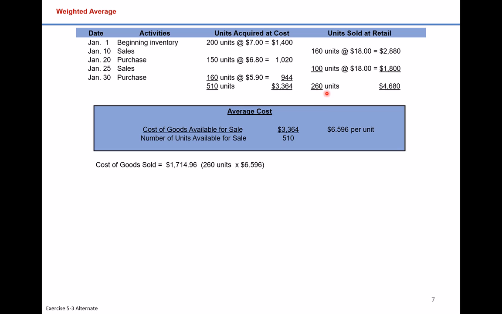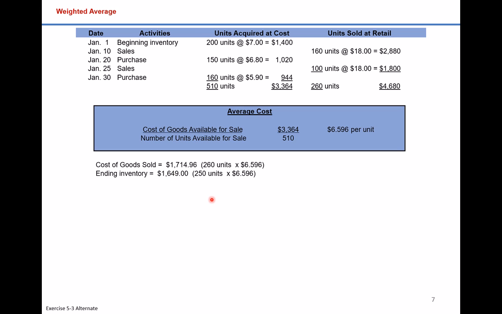So altogether, we sold 260. The value we need to take out of our inventory for those units is 260 times their average cost of $6.596, about $6.60. Altogether, the cost of goods sold was $1,714.96.